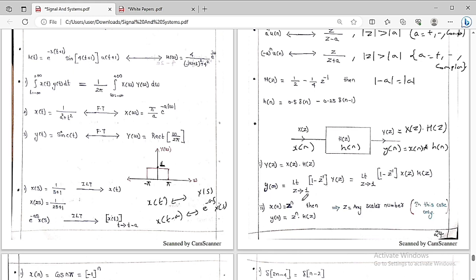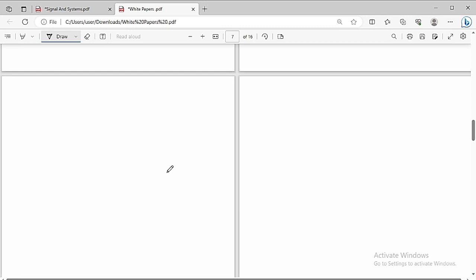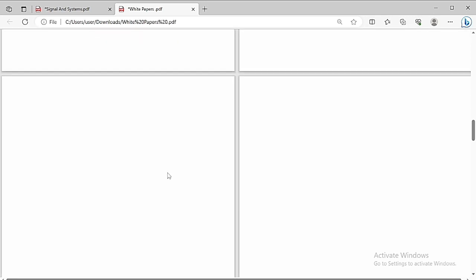Now, the next point is, if x of n is equal to z to the power of n, then y of n is equal to z to the power of n into H of z, and z can be any scalar number. I've already told you this point also. Suppose we take some LTI system of any impulse response h of n. Suppose the input is a to the power of n, then what is the output?